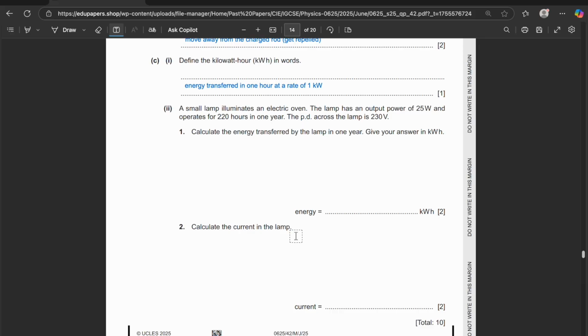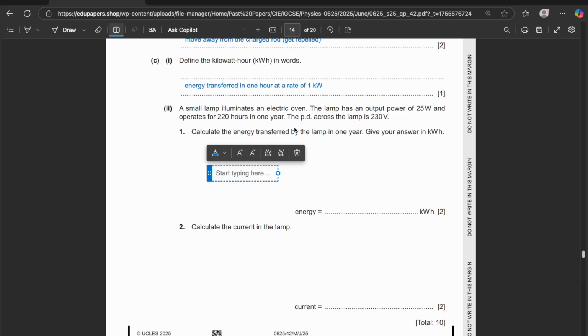A small lamp illuminates an electric oven. The lamp has an output power of 25 watts and operates for 220 hours in 1 year. The potential difference across the lamp is 230 volts. 1. Calculate the energy transferred by the lamp in 1 year. Give your answer in kilowatt hour.